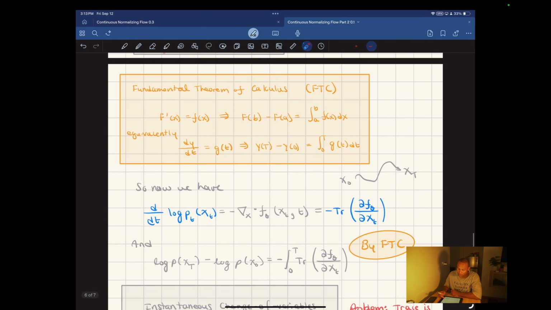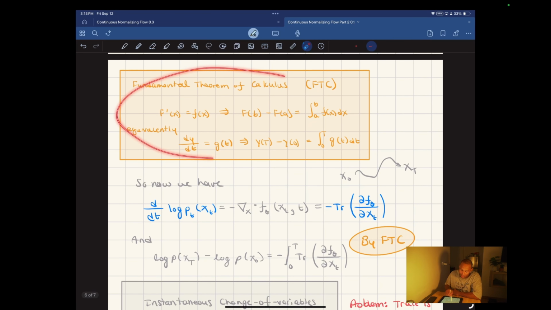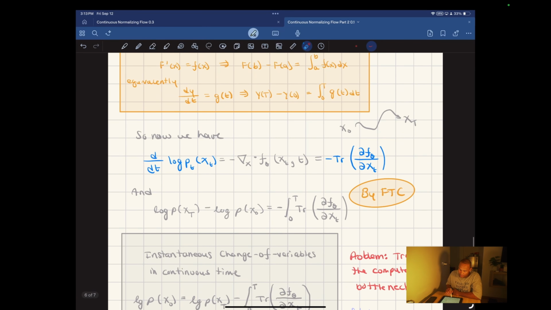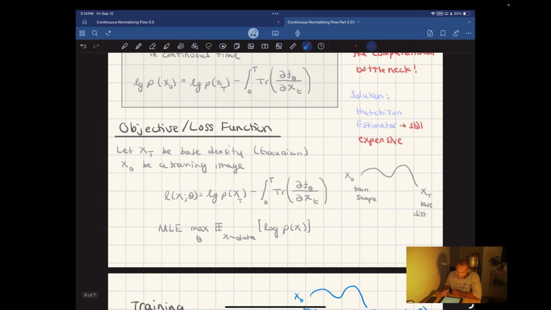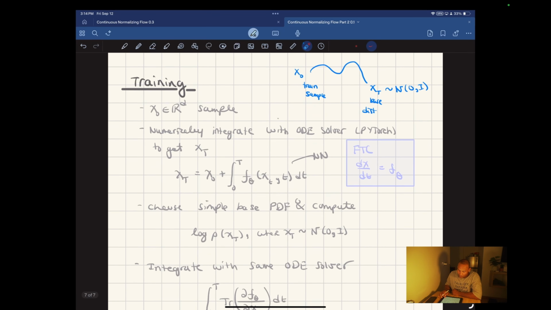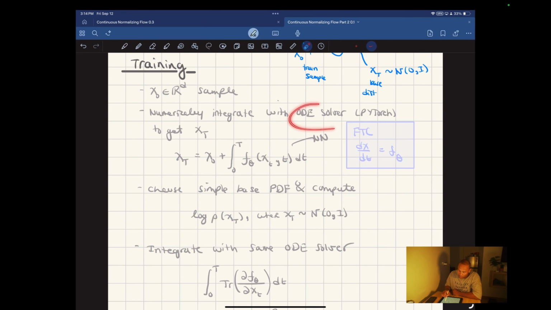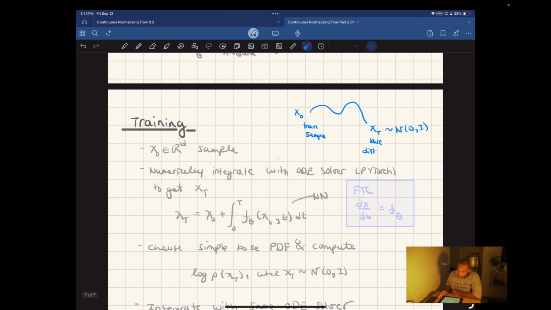And we say, okay, that's really cool. Well, how about we just do some Calc 101 and use the fundamental theorem of calculus to write our objective like this. And then we can solve to get our final objective, which when we train, we make a negative log likelihood. And we showed that to train in PyTorch, we use an ODE solver.